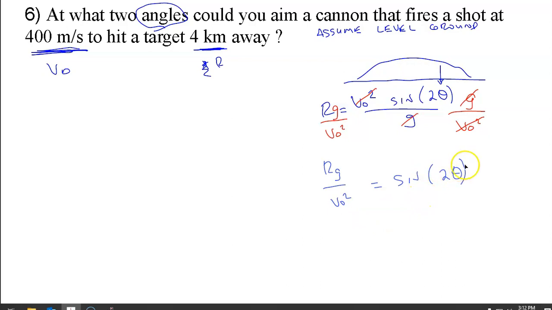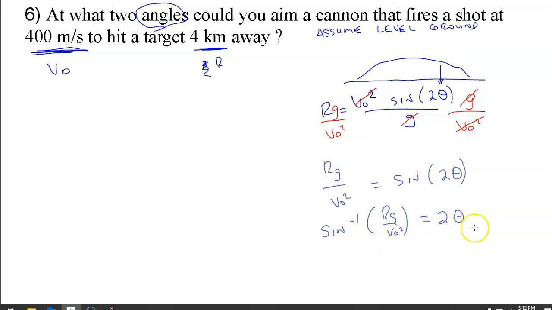Trying to get that theta inside the parentheses, but I got to get rid of the sine first. What we do is we write it in this fashion right here. We write the arc sine of Rg over v0 squared equals 2 theta. Once we have that, then all I got to do is get rid of the 2.